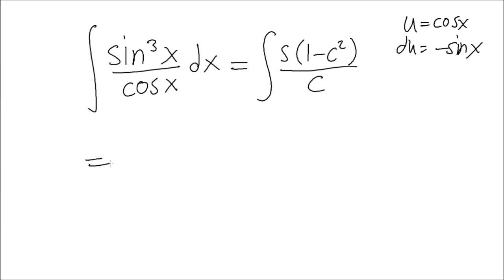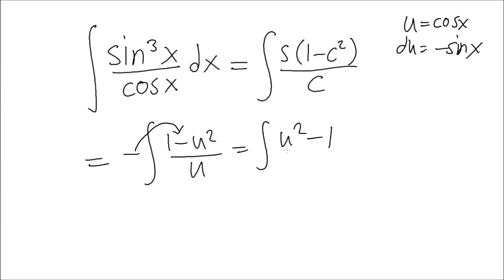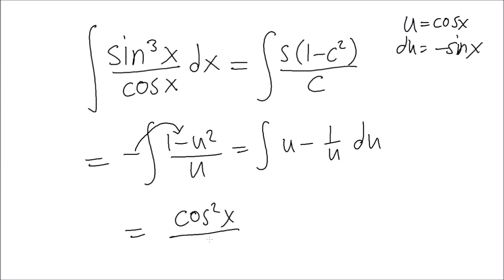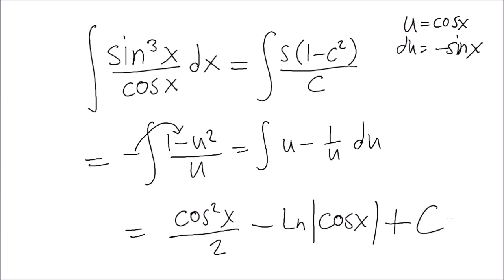So we'll have negative (1 minus u squared) over u. We can technically take that negative in, make it (u squared minus 1) over u, which gives us u minus 1 over u du. Cool. So then the answer would just be cosine squared over 2 minus the ln of cosine x plus c.